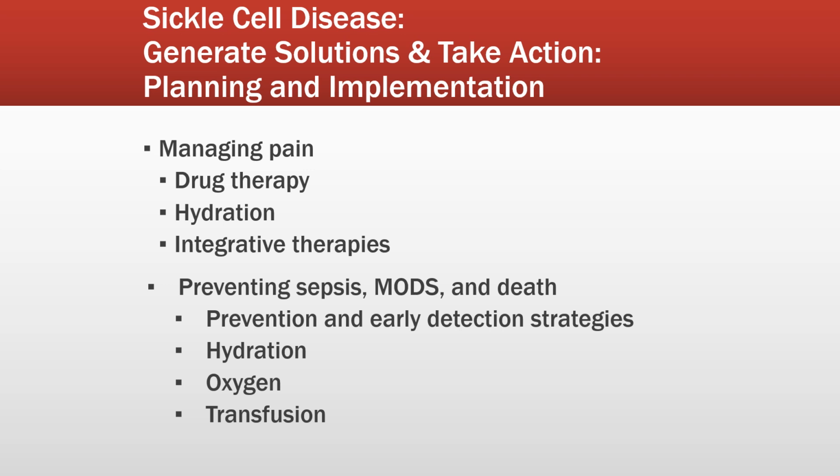And it may be that later on they will need a blood transfusion with red blood cells to increase that hemoglobin A. Remember I talked about how those that don't have sickle cell have hemoglobin A, and those with sickle cell have more of a hemoglobin S, and that's what causes all of these symptoms.